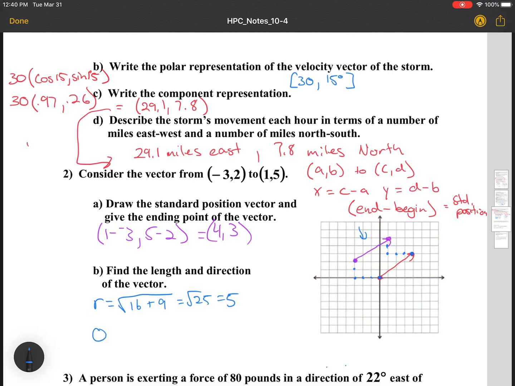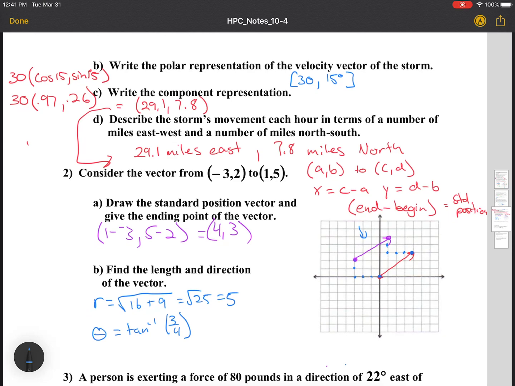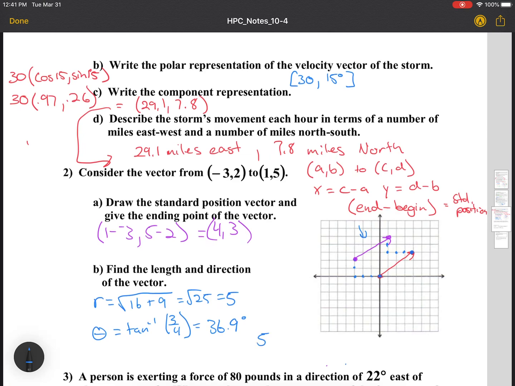Our theta is going to equal inverse tan of 3/4. And what do you know? Calculator problem, 36.9 degrees. That's all they're looking for. We got our magnitude.